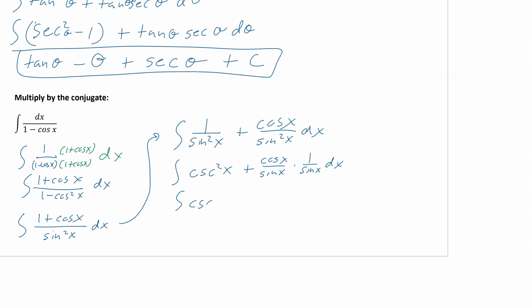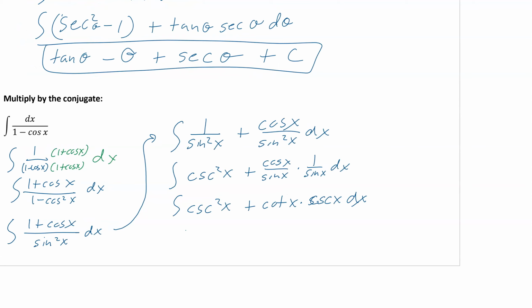So we end up with cosecant squared x plus cotangent x times cosecant x dx. And now we can just integrate it very quickly. So cosecant squared x becomes negative cotangent x, and cotangent x cosecant x becomes negative cosecant x, plus c. And there we have it.